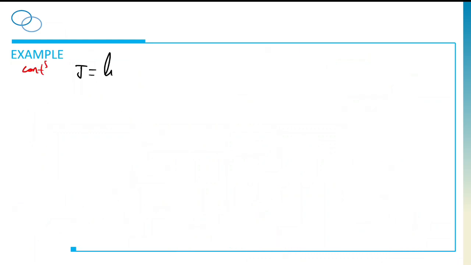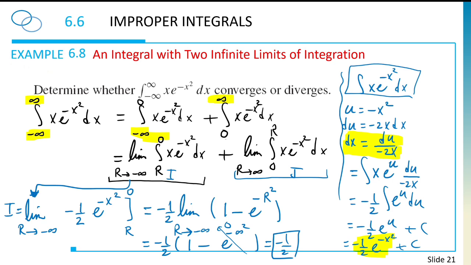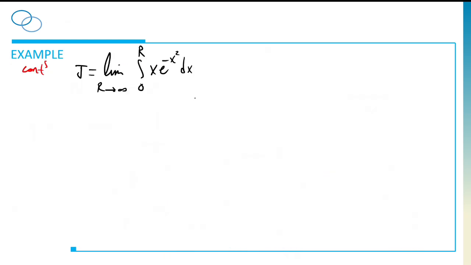So this is the limit as r approaches infinity from 0 to r of x e to the power of negative x squared dx. Remember the integration, we already found it in the previous slide, it was negative half e to the power of negative x squared. So this equals the limit as r approaches infinity of negative half e to the power of negative x squared, and we'll do the replacement from 0 to r.